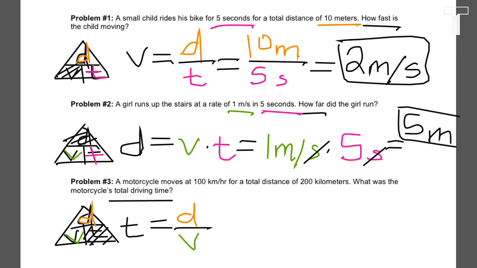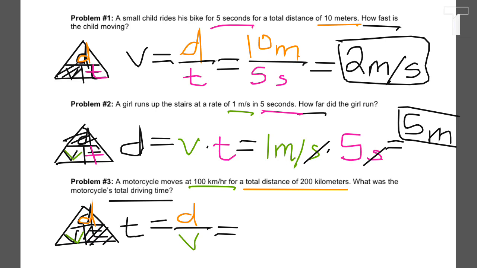V, or speed. Now looking at the problem, our total distance is 200 kilometers and the speed is 100 kilometers an hour. So now I'm going to plug in those values into the formula.